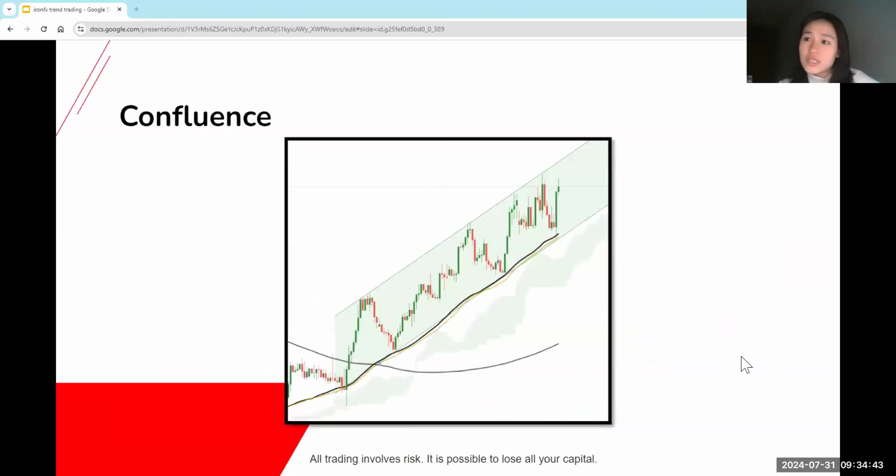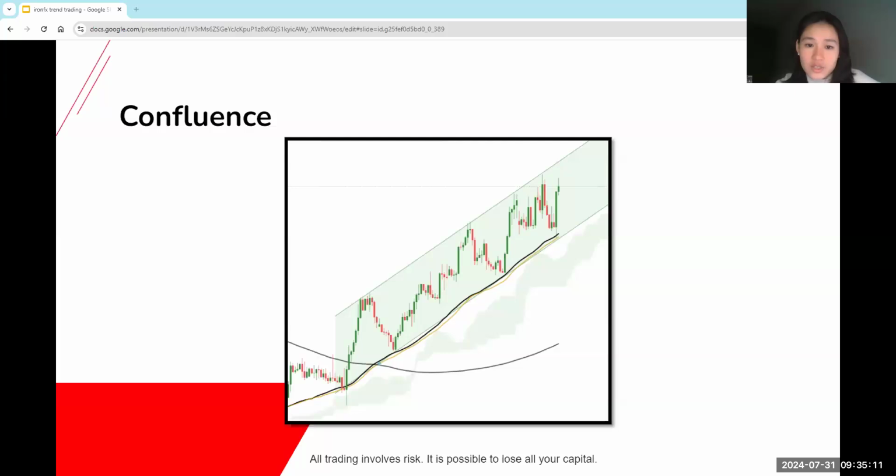Ultimately, this is all giving us a bullish signal. So it's important, even though we go through it individually, to pick a couple of indicators that you're comfortable using, that you know how to use, and then use them all together so that you form this confluence and a confirmation of your analysis.